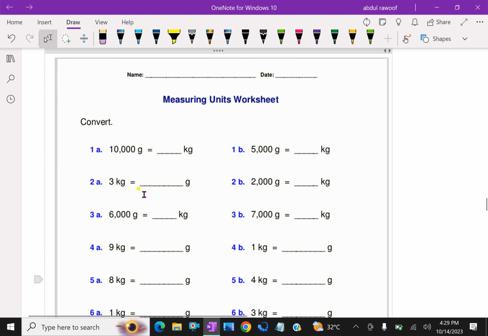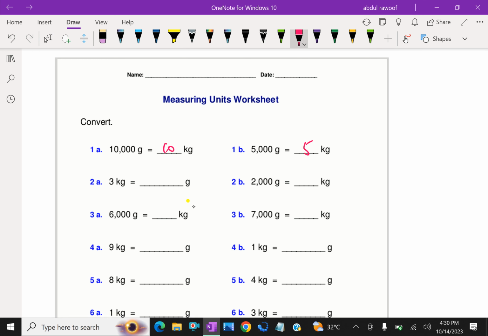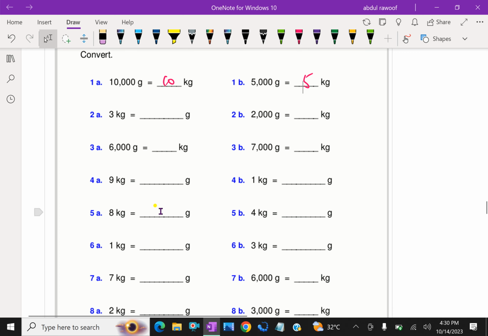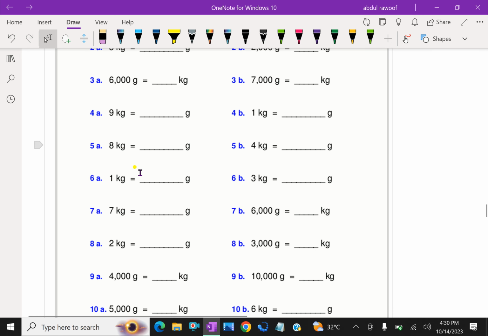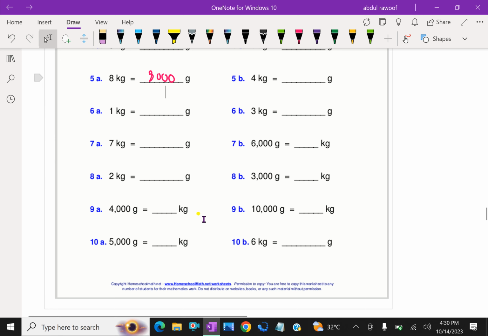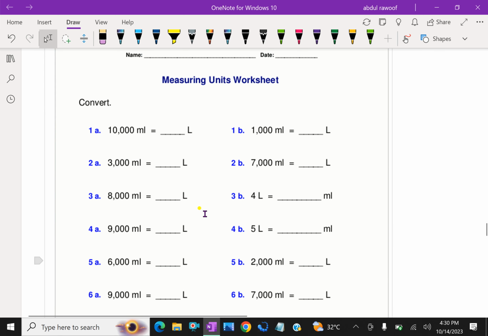Now gram to kg. We know that 1 kg is 1000 grams. Therefore 10,000 grams is 10 kg. 8 kg is how many grams? 8,000 grams. Like that we can do.